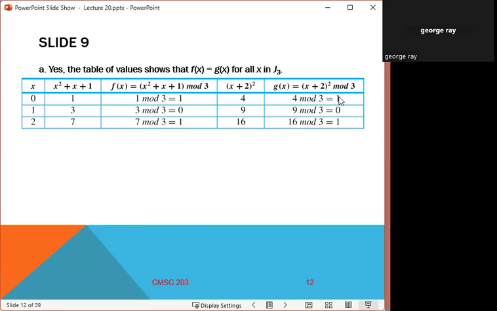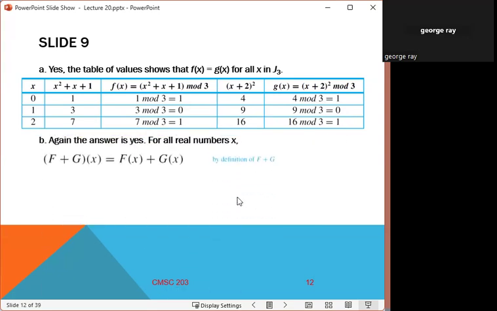So the range is 1, 0, 1. So we have range 1, 0, 1 and range 1, 0, 1. So in fact, they are equal.